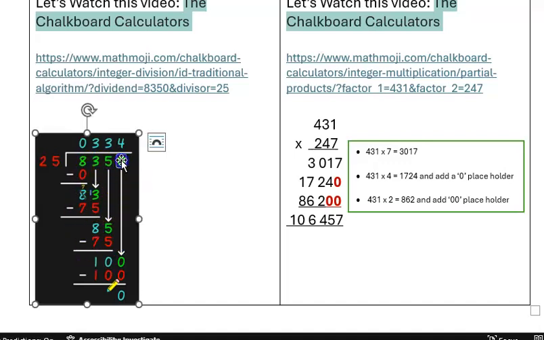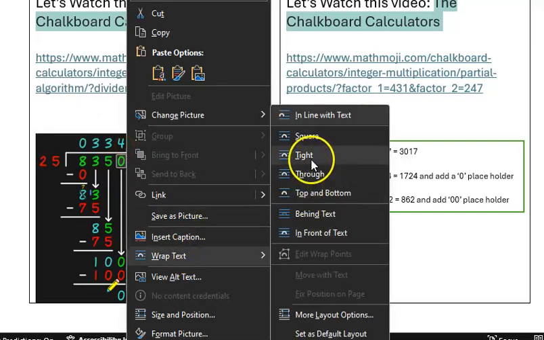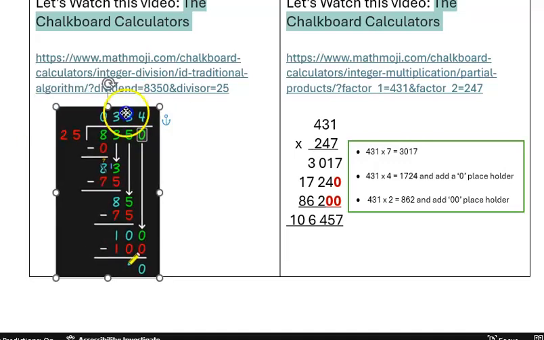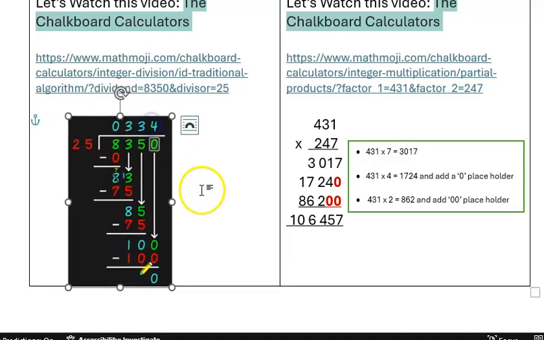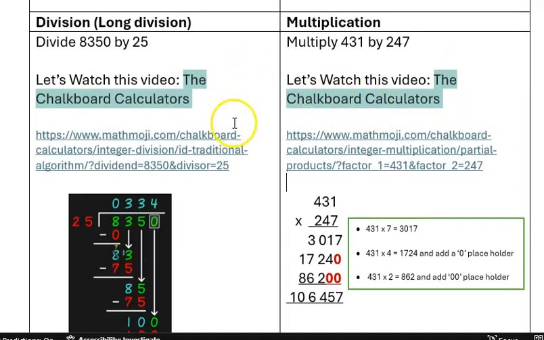This is a screenshot of the video that I got from the website. So it was just so fun for those who don't remember how to lay out their work. The multiplication tool, there are websites here, mathmoji.com, that show you how to lay out your work for persons who may be a little bit challenged.